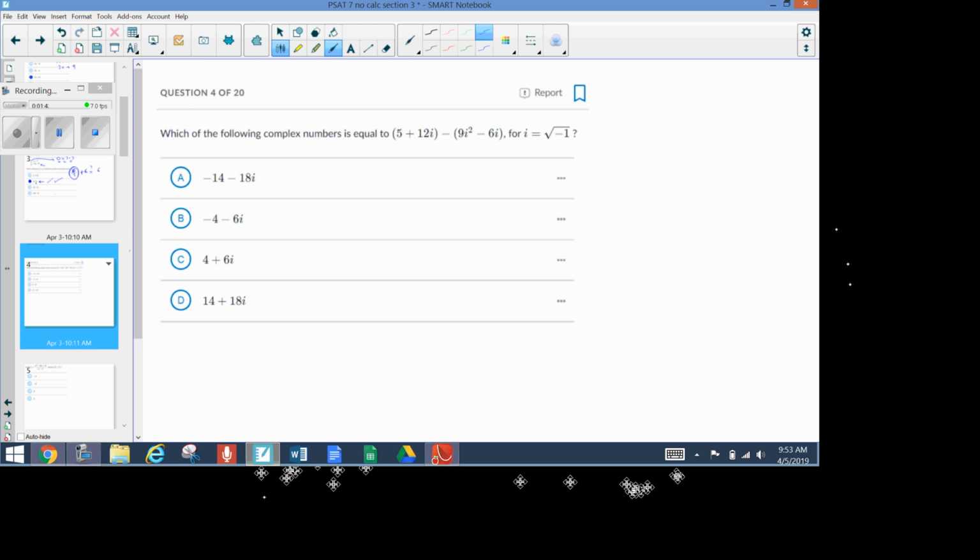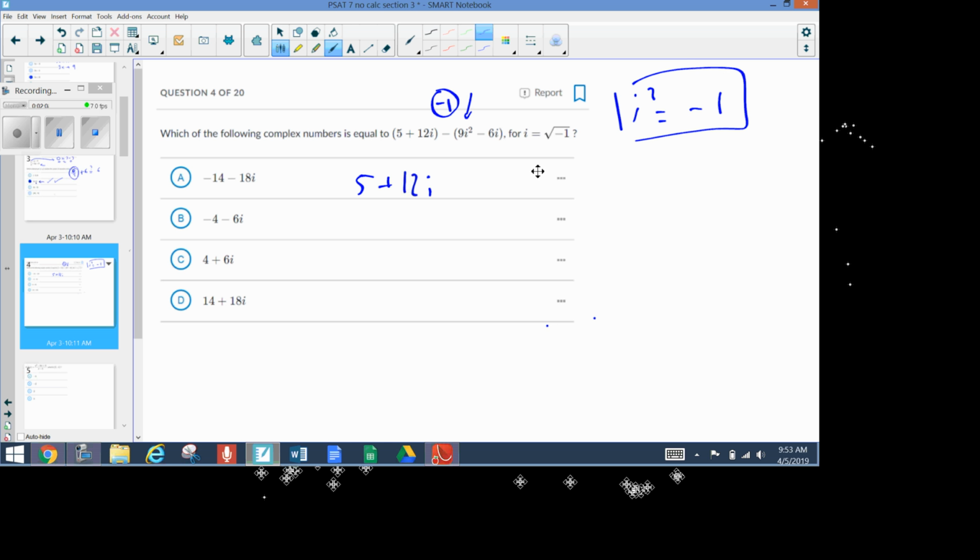Next question, complex numbers. As you see, this is i squared. Let's write them all: 5 plus 12i. I need to distribute that. There's actually negative 1, even though it's not written there, that means negative 1.